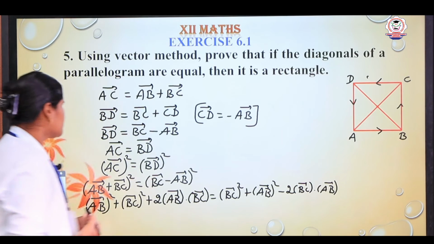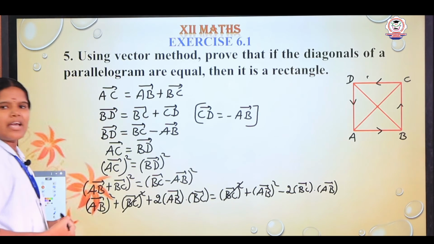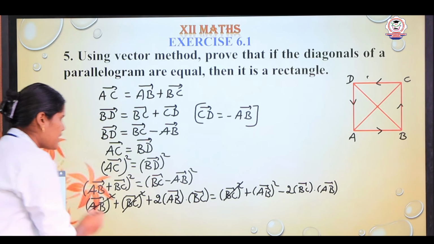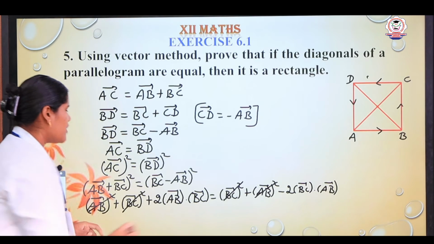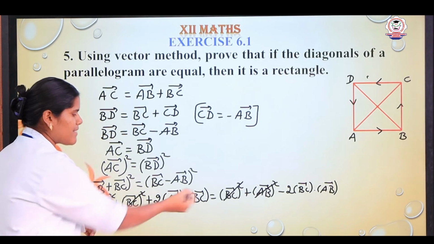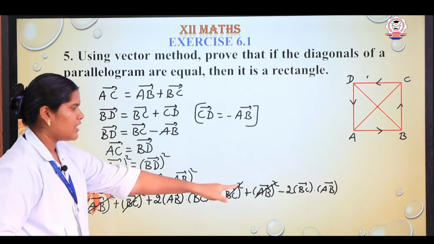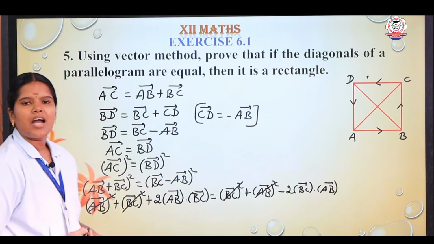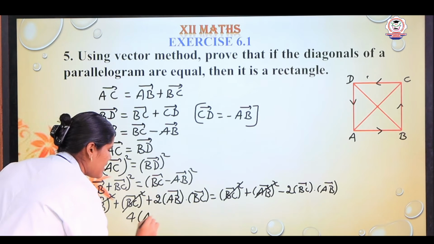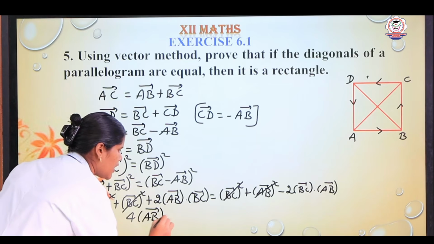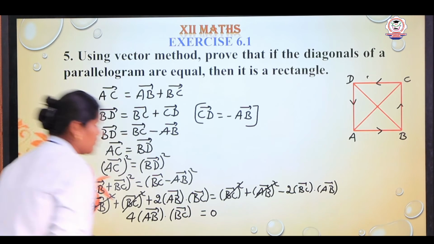Now BC vector square and BC vector square cancel. Similarly AB vector square and AB vector square also cancel. Now we have 2 AB vector dot BC vector on the left hand side, and on the right hand side the same value, negative of 2 AB vector dot BC vector. So in total we get 4 AB vector dot BC vector is equal to 0.